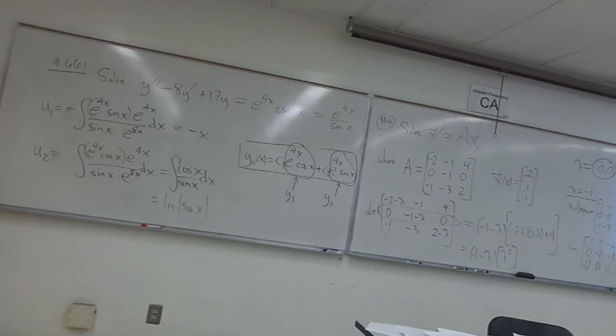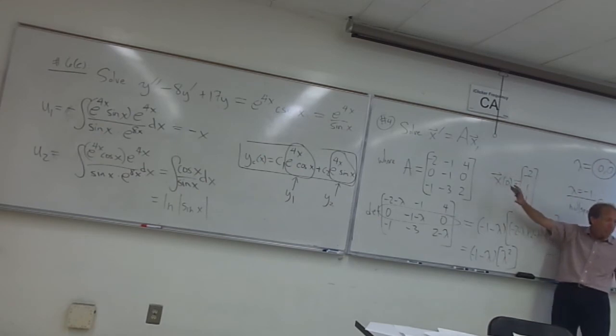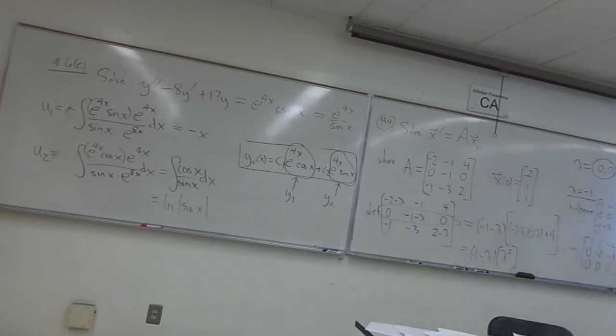You don't have to do that, and it will not affect your solution later, because you're going to have a constant that you're going to solve for. If I had left this as half as much, then the constant that I'm going to find later would be twice as much, and so they would cancel out. Does that make sense?